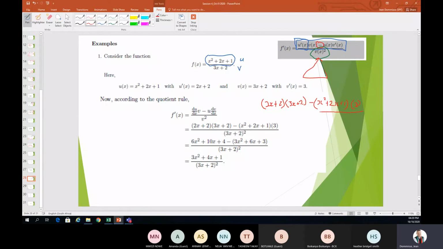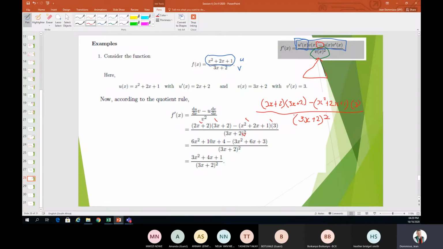And then we need to divide it by v to the power of 2. Okay, so let's just check. So that is the same, the same, the same.